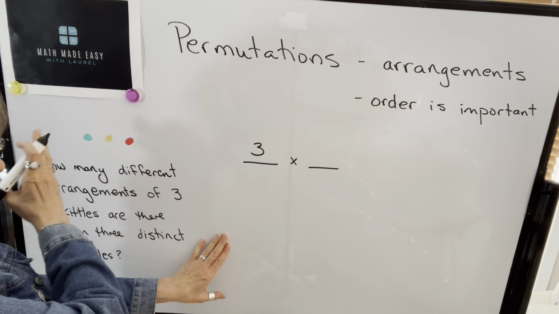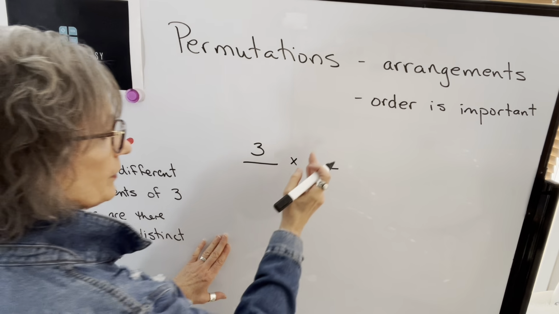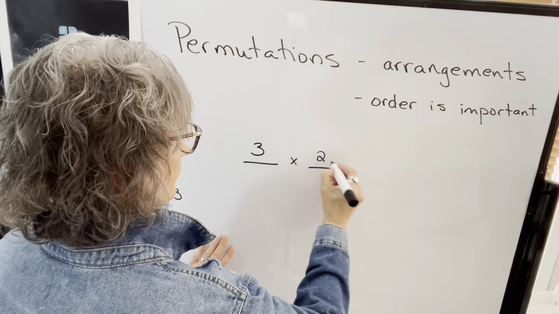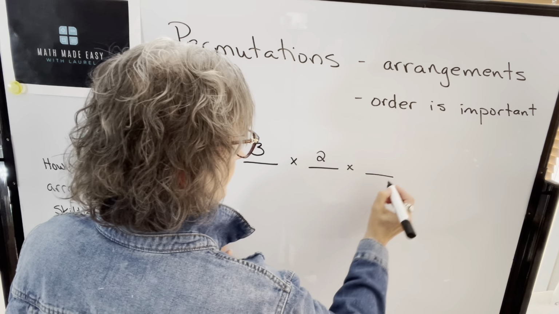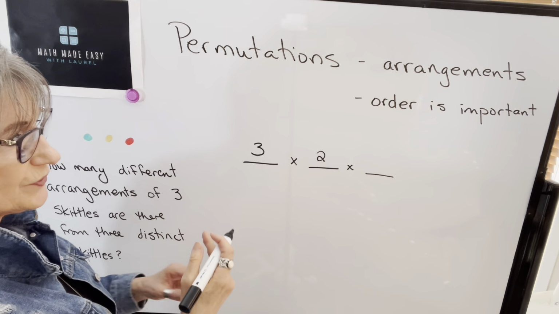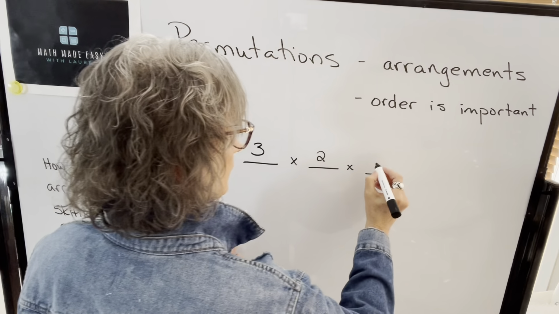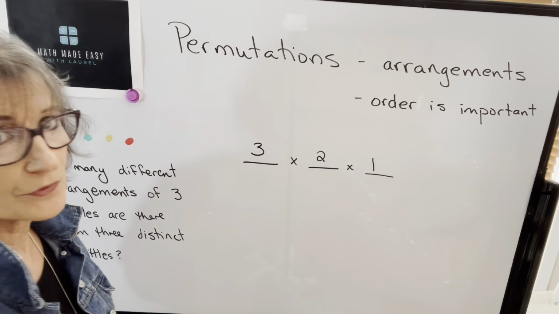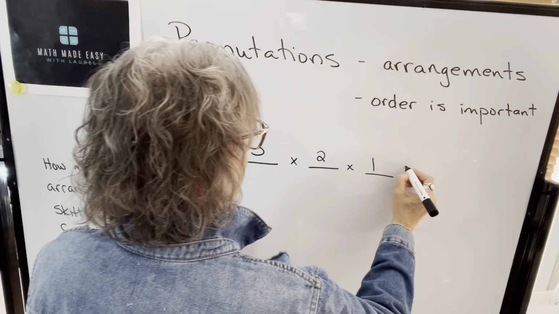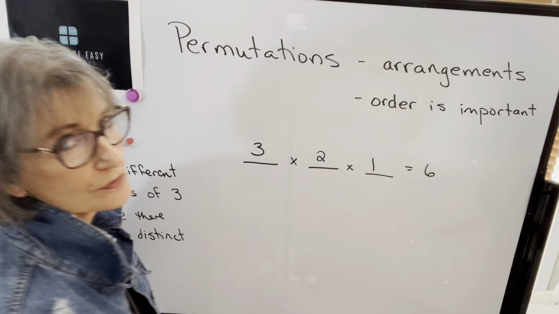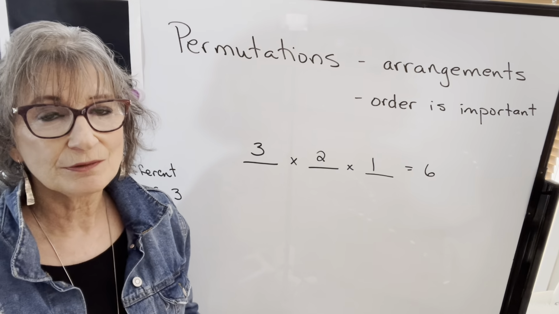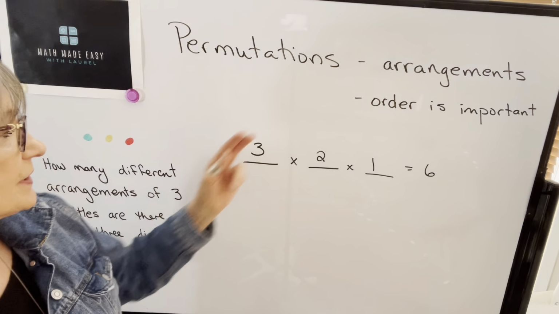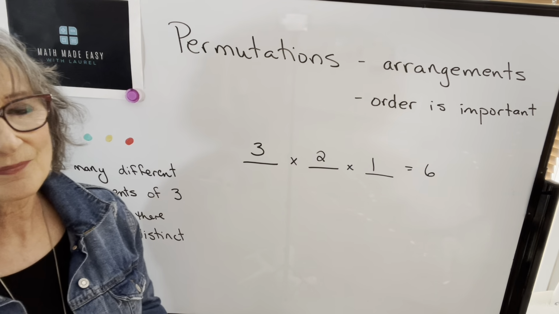Once I've chosen one Skittle, there are 2 left to choose for the middle position. And then for the last Skittle, once I've chosen the first 2 Skittles, there's only 1 choice left for the last one. So when I multiply these numbers, I get 6 possibilities. And that's what we found when we laid them out. There were 6 permutations of the 3 Skittles.